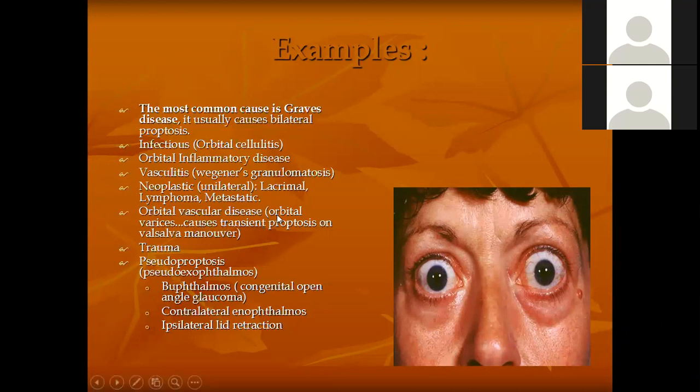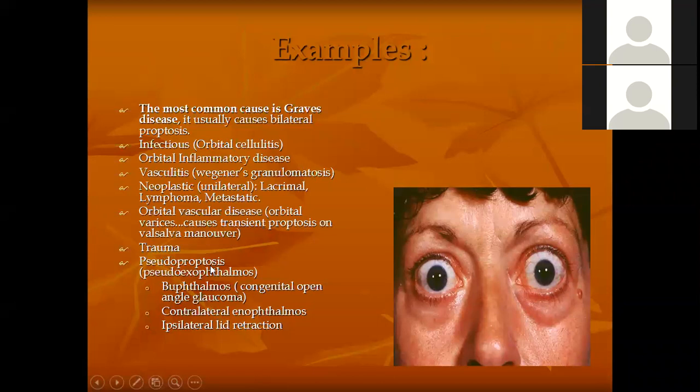When they do so, the eyeball will bulge out because of the pressure, and that will give you a clue to the diagnosis of orbital varices. Trauma might also cause proptosis, because it might cause retrobulbar hemorrhage, bleeding, which will push the eyeball forward.